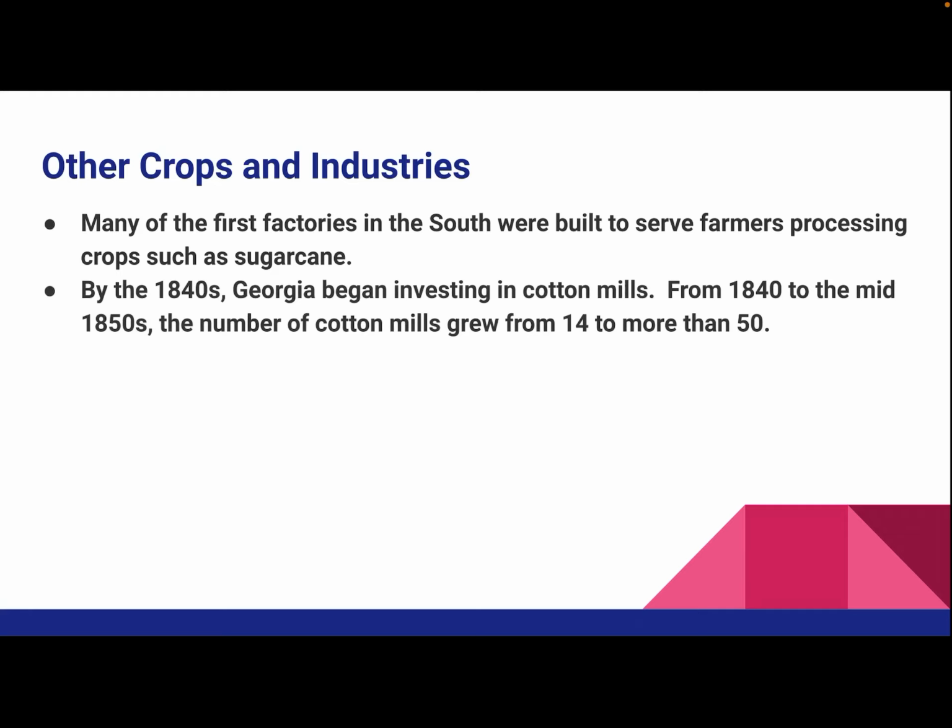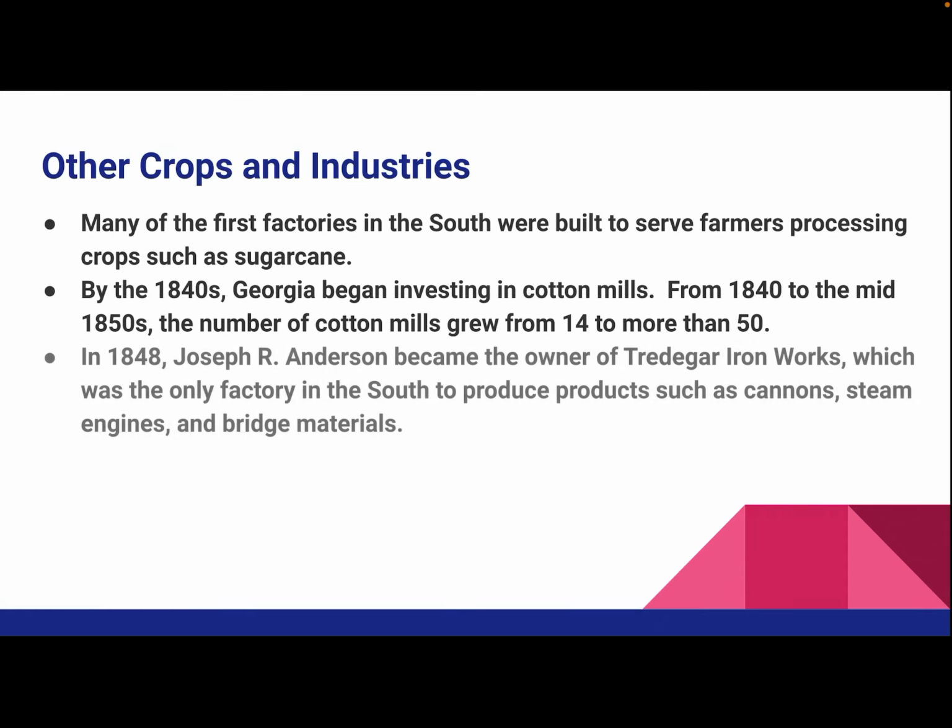So there were some factories, of course, but their main use was to deal with agriculture and cotton. It was not like they were producing a lot of things. They helped process these crops and then ship them off.